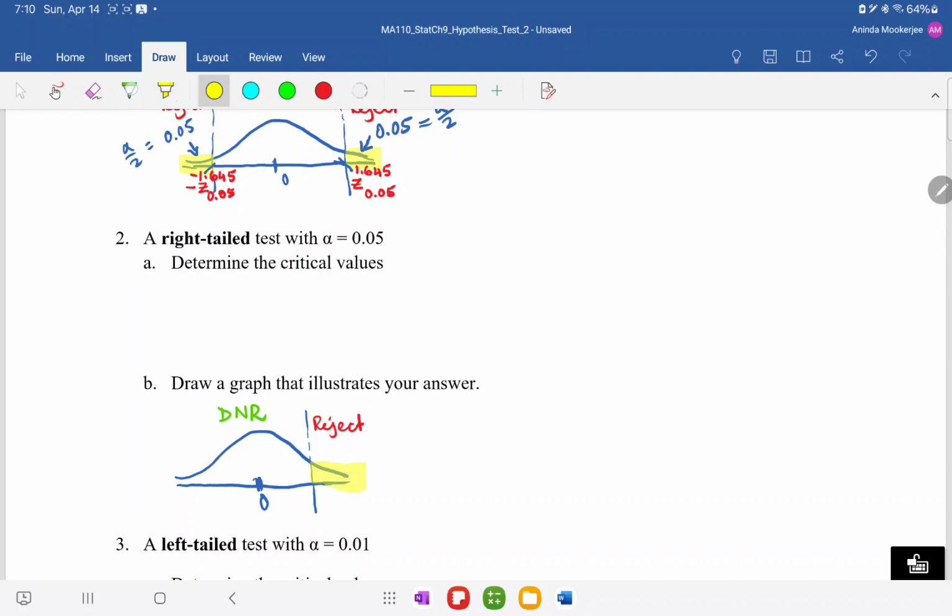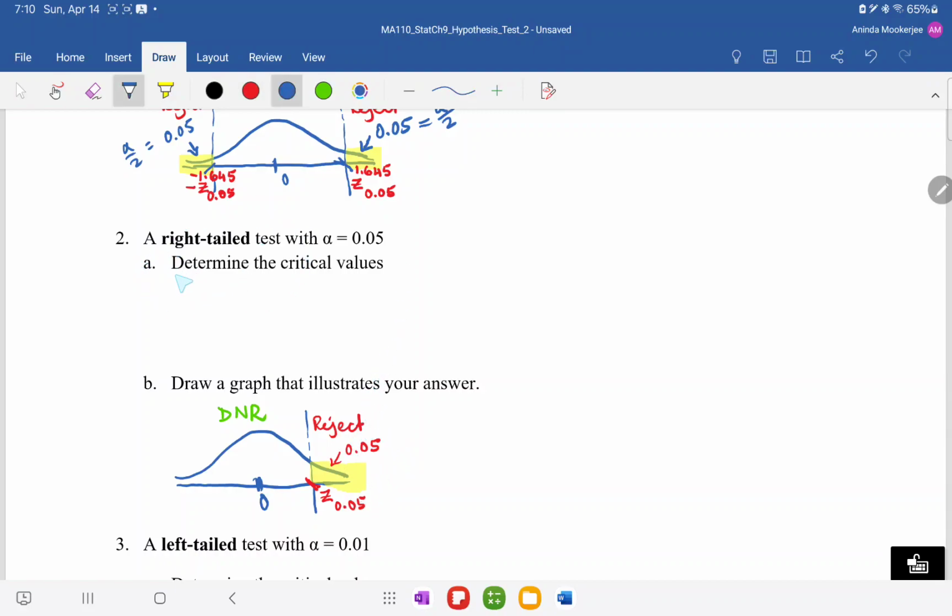And what is the alpha value we have? The alpha value is 0.05. So the critical value is going to be the z value corresponding to an alpha of 0.05. So z of 0.05. And we just looked up that value is positive 1.645.